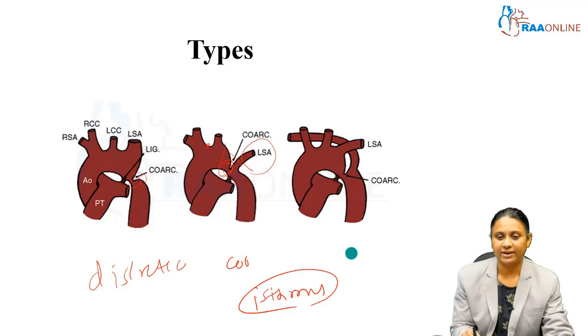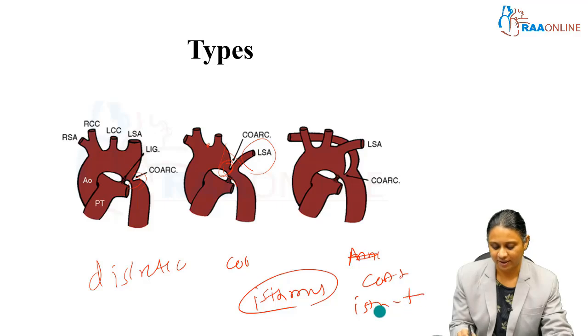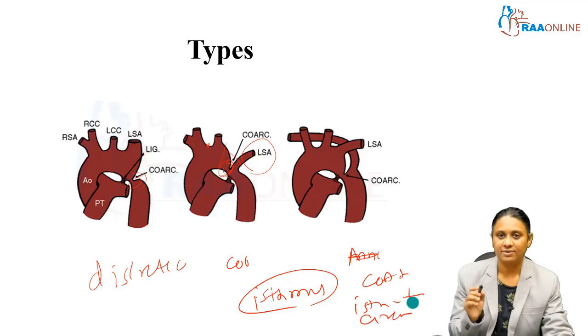The third type is the commonest type in children, that is neonate or fetal life, which is not just discrete COA and isthmus hypoplasia, but arch hypoplasia, where the diameter starts tapering from the ascending aorta through the carotid and subclavian artery into the COA.